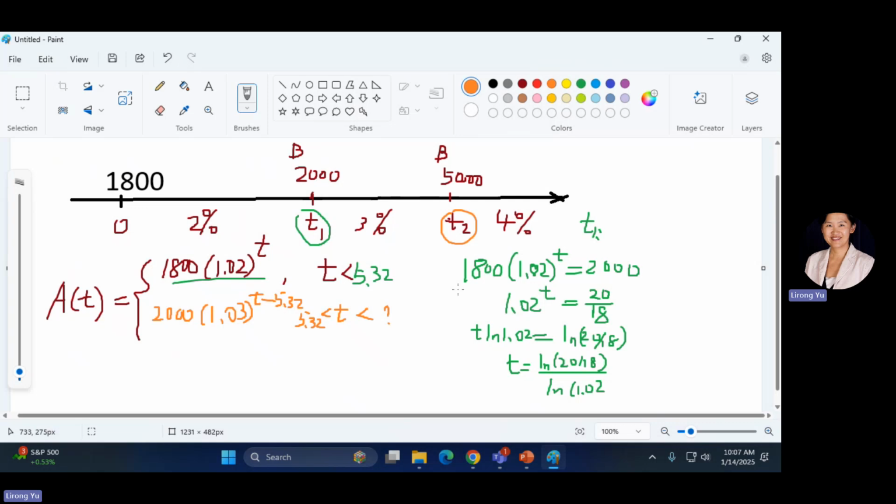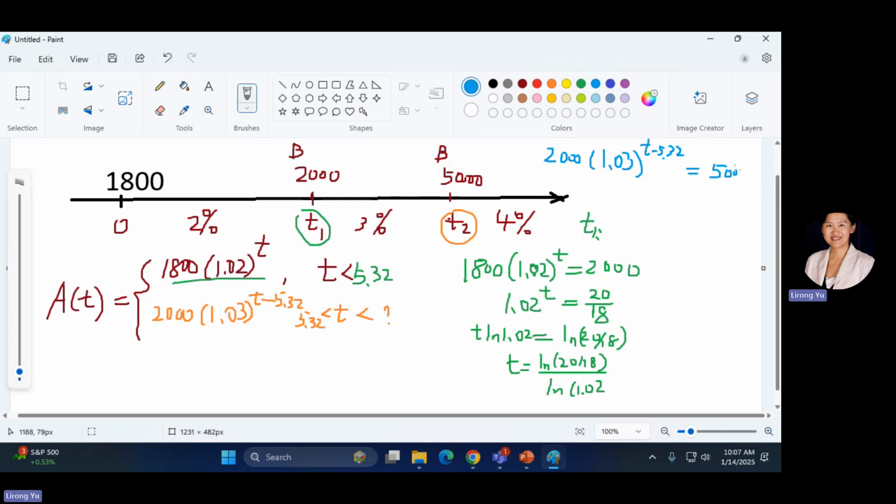All right, and then we're probably going to follow similar logic, and we have to find out at what time it reaches 5,000. So you're going to have to take that increase function and let it equal to 5,000. So you're going to have 2,000 times 1.03 to the power of T minus 5.32, which is equal to 5,000.